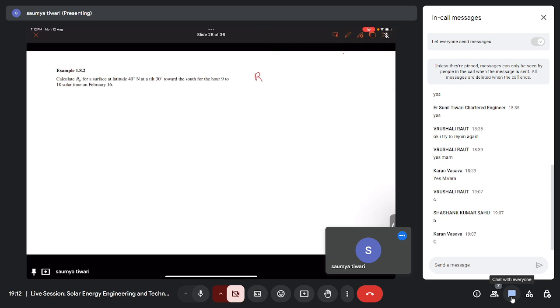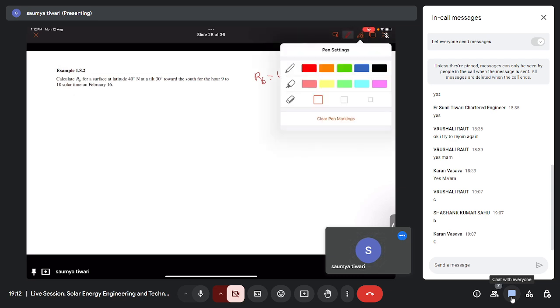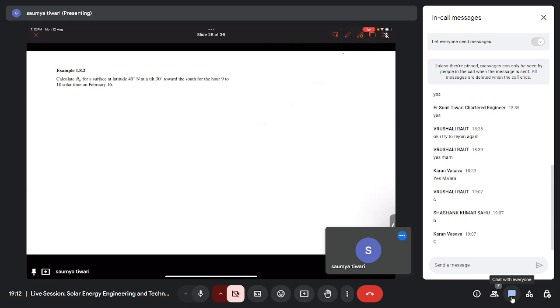RB will be equal to (cos ωst · sin φ sin(φ−β) + cos δ sin ωst · cos(φ−β)) divided by (cos ωs · sin φ sin δ + cos φ cos δ · sin ωs).